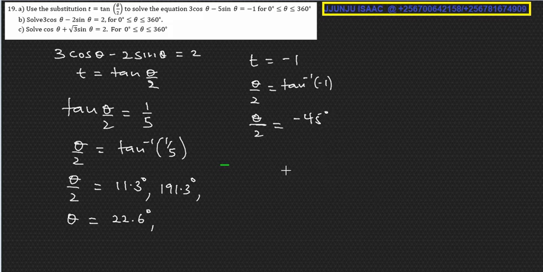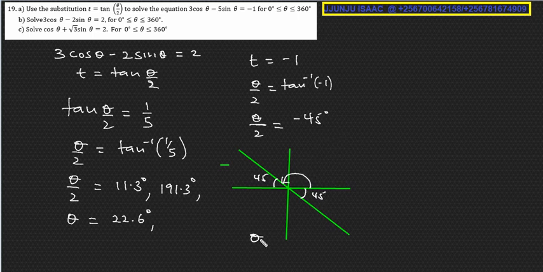So let us draw our triangle. Where is tan negative? Here and here. So the first angle is 180 minus 45. For theta by 2, we are interested in positive values.